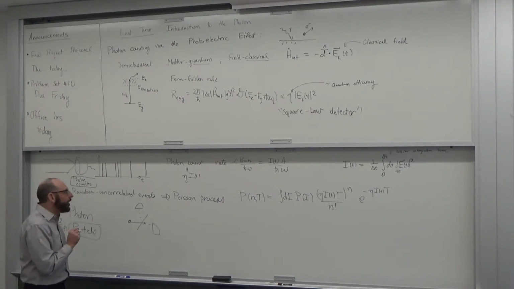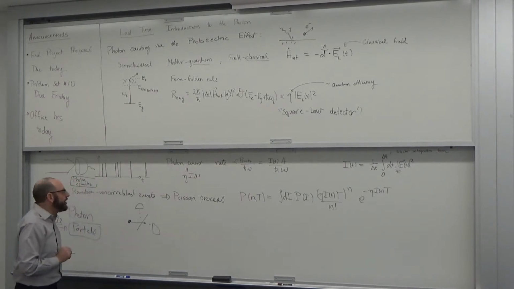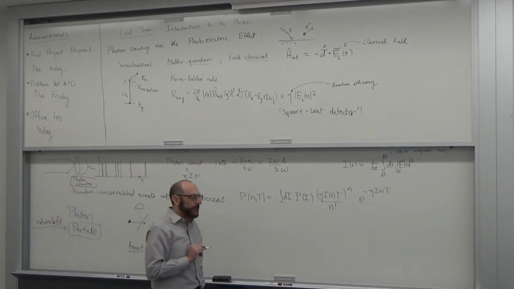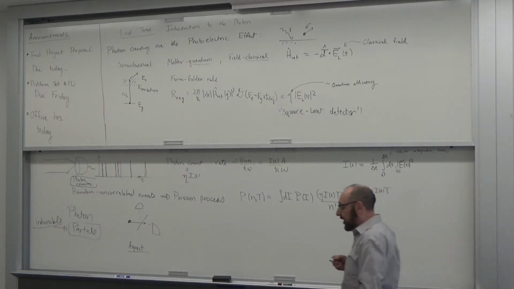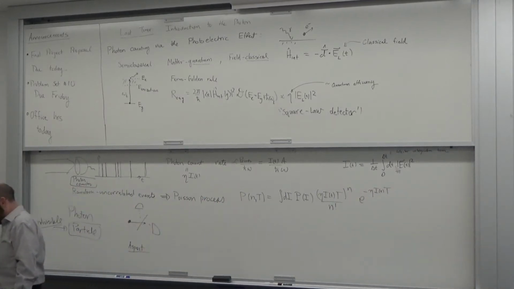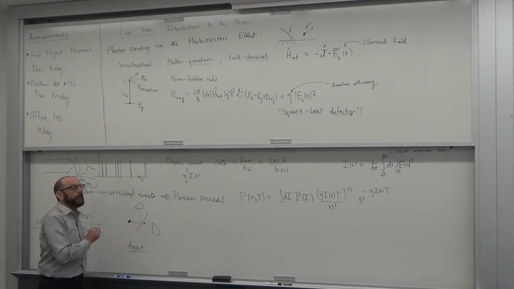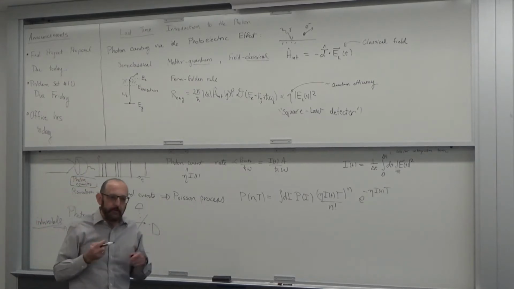And so this was an experiment that was done, the first experiment to prepare single photons, out of the Aspect group in Paris. Philippe Grangier was his student at the time. He's now a very famous quantum physicist in his own right. And I think it was his PhD thesis where they did this work, where they prepared single photons in this correlated photon experiment, which we'll talk more about next semester.